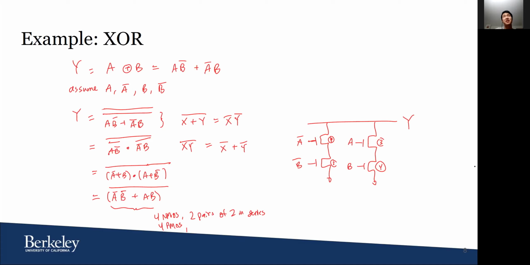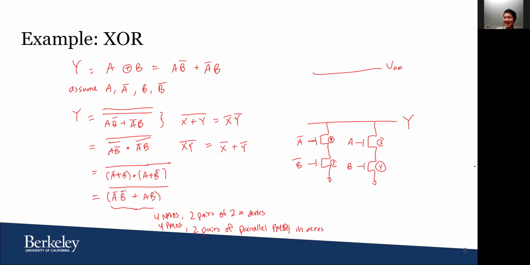What do you mean by that? Two pairs of parallel PMOS, in series, right? Yes. Okay, all right.